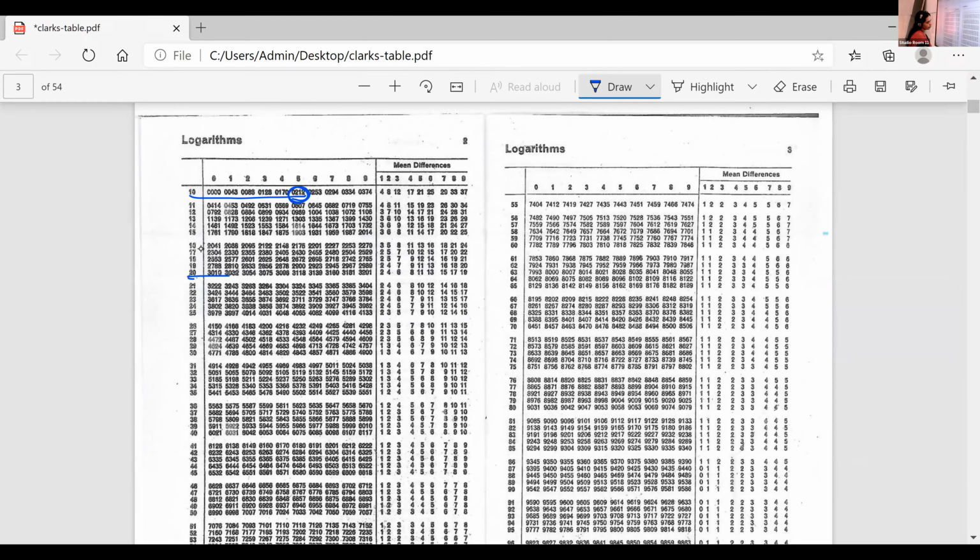When you simplify, log X is equal to minus 0.0636. Therefore, what is X? X is the anti-log of minus 0.0636. So how will you find the anti-log of minus 0.0636?